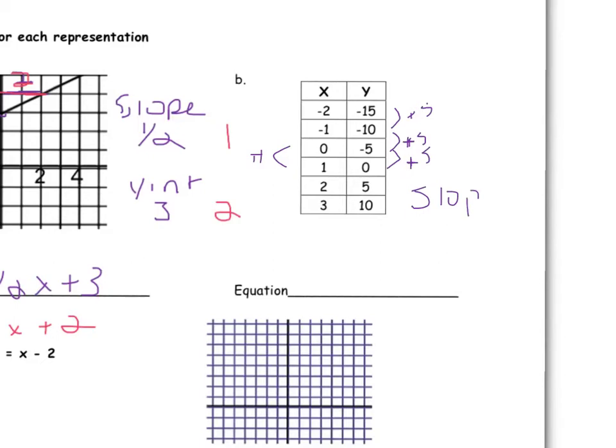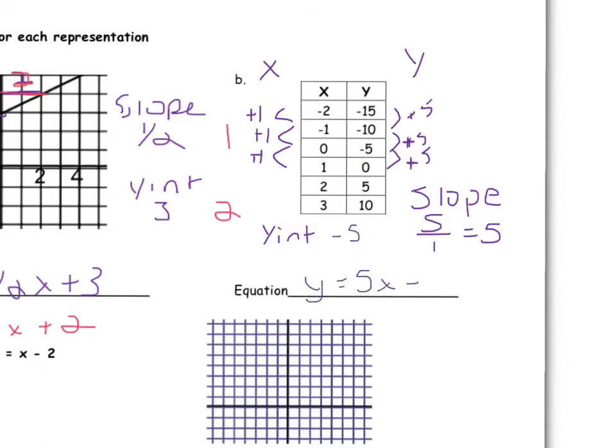So if I'm going up 5, because remember it's the y change over the x change, and the x was going up 1 every time, and the y was going up 5 every time, so the slope would be 5 over 1, or just 5. My y-intercept, again, you look to see where x is 0. My y-intercept was -5. So my equation, y equals 5x minus 5.